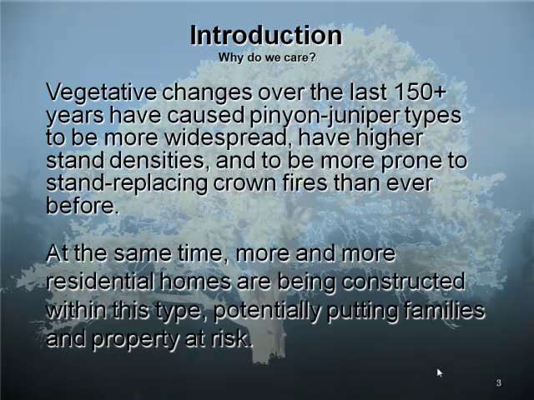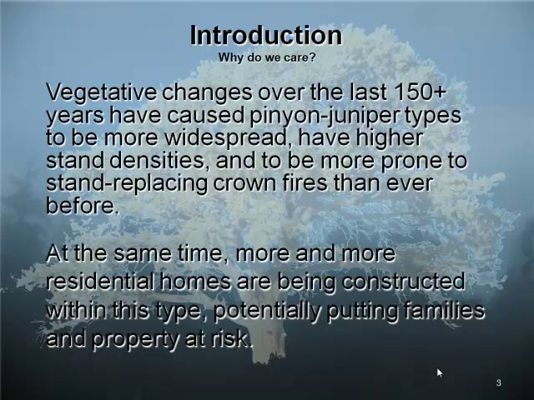So we've had a lot of vegetative changes over the last 150 years, both introduced by our activities, as the previous 2 speakers talked to you about, and some natural environmental changes.